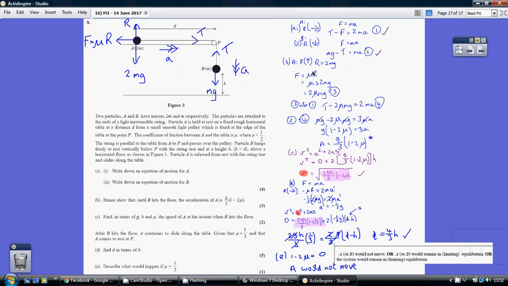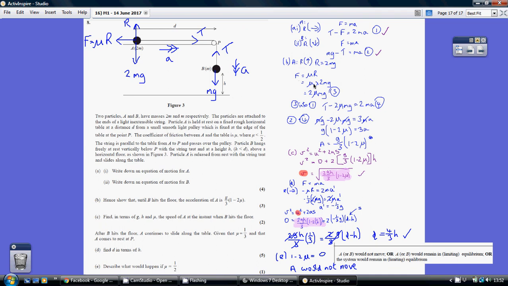Now for part B, when we've got to show this, we're going to start off by working out what the friction is, so we can substitute that up into our equation 1. So friction equals mu times the normal reaction, and then our normal reaction is going to be equal and opposite to this weight of 2mg.